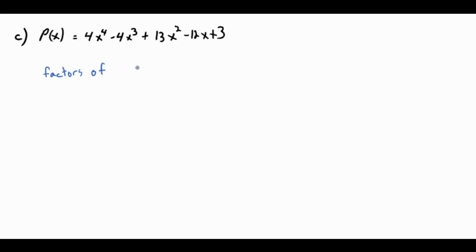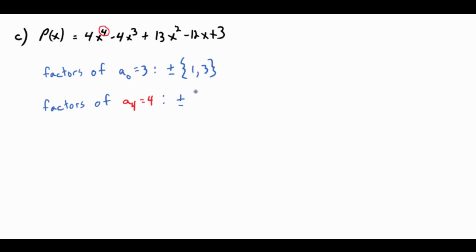So a naught is equal to 3. That's pretty easy because it's prime. Plus or minus, what are the two factors of 3? 1 and 3. And then the factors of, what's n in this case? The degree is n, this 4 right here, right? So a4 is 4. What are the factors of 4?